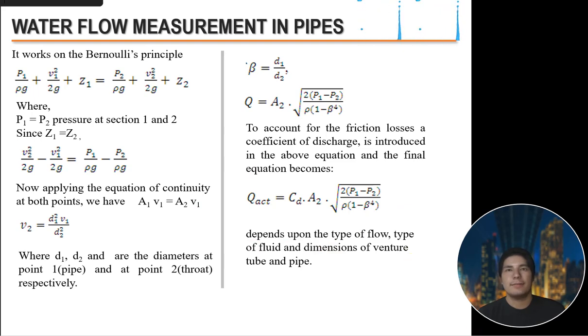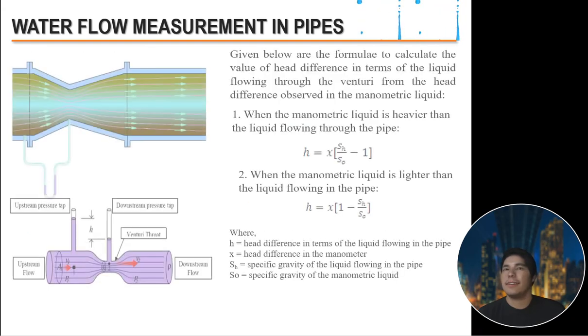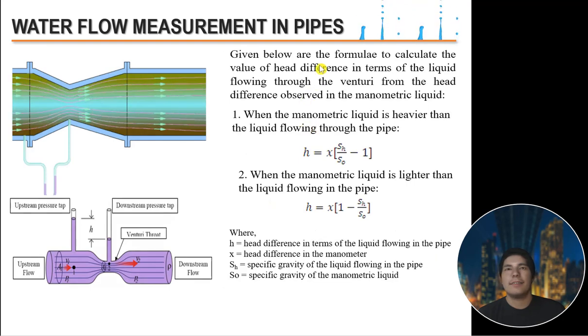Just plug and play, that's all. So, given below are the formulas to calculate the value of the head difference in terms of the liquid flowing through the venturi from the head difference observed in the manometer tube. So, we can solve this H using these two formulas. It depends on whether the manometric liquid is heavier than the liquid flowing through the pipe.